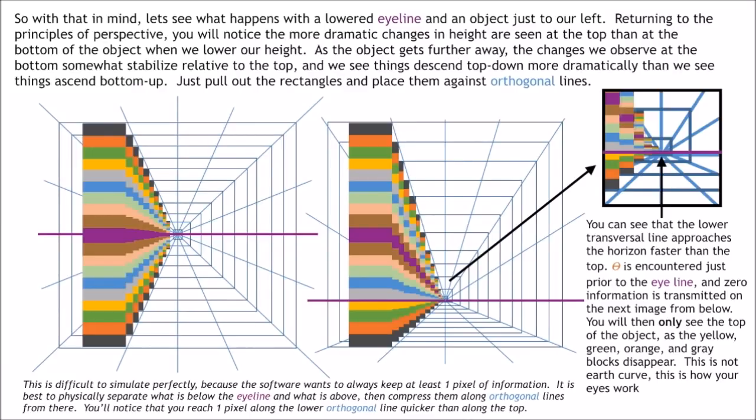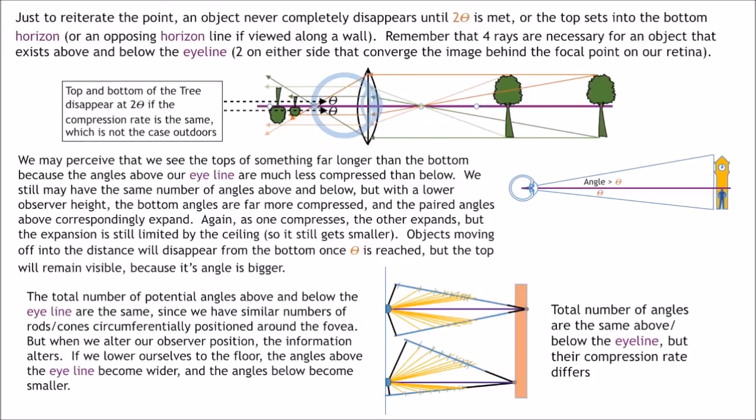You'll notice though when you do that, you reach 1 pixel along the lower orthogonal line a lot quicker than along the top. And just to reiterate the point, an object never completely disappears until 2 theta is met, or the top sets into the bottom horizon, or an opposing horizon line if we're viewing something along a wall, let's say.